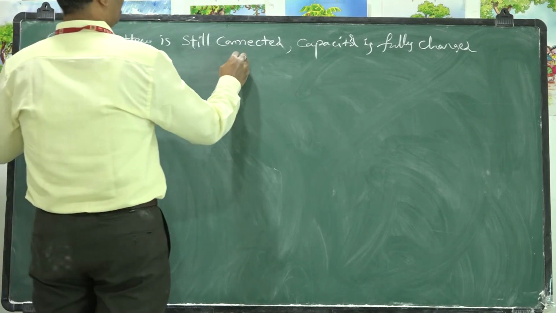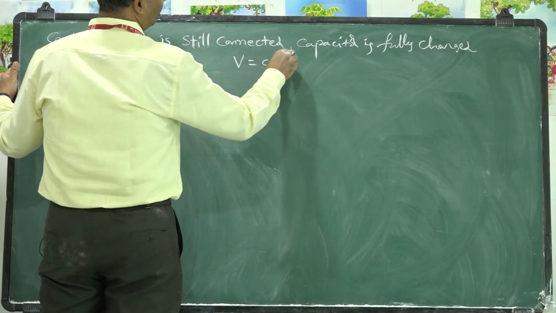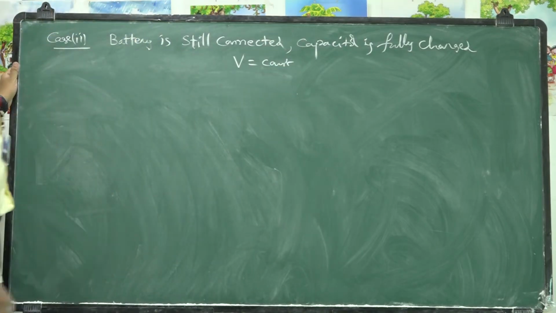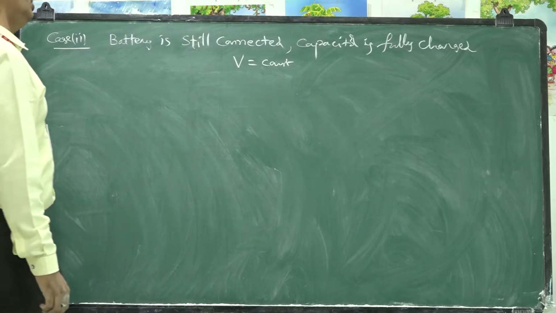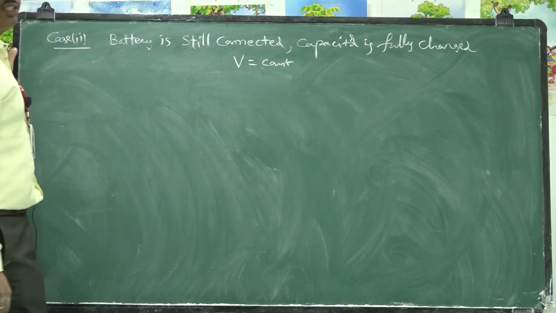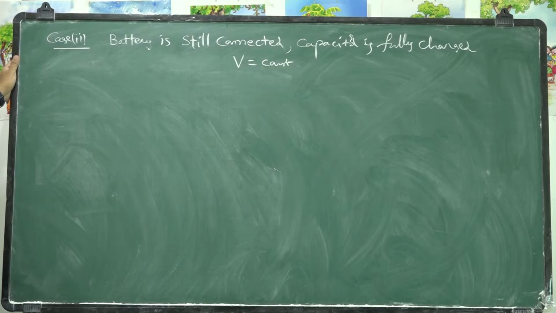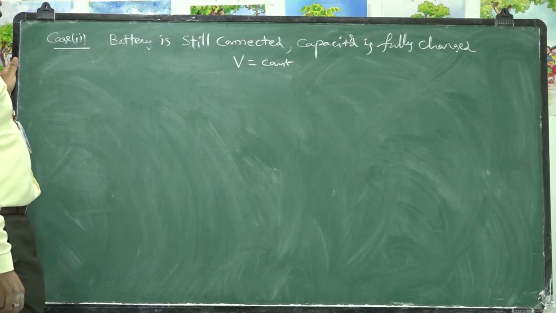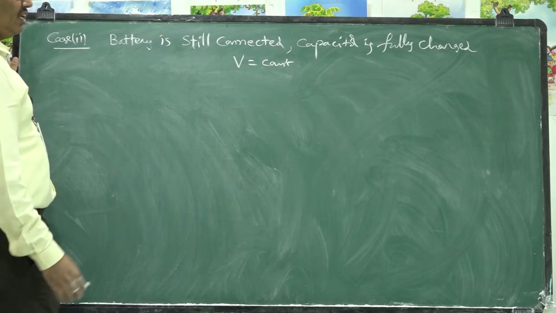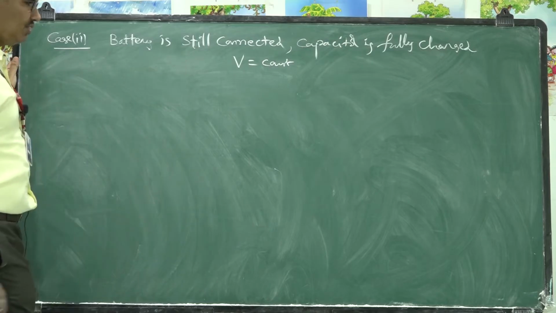As the battery is still connected, the potential remains constant here. The potential is nothing but the EMF of the cell, which is constant during this discussion. In case 1, charge is constant as we removed the battery. In the second case, the battery is providing additional energy to keep the potential constant.